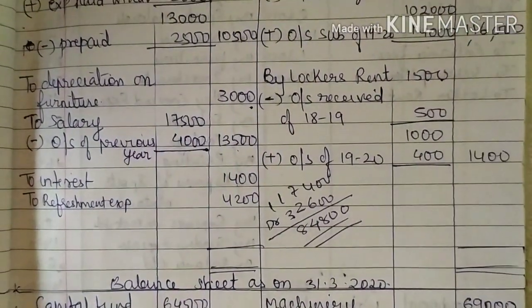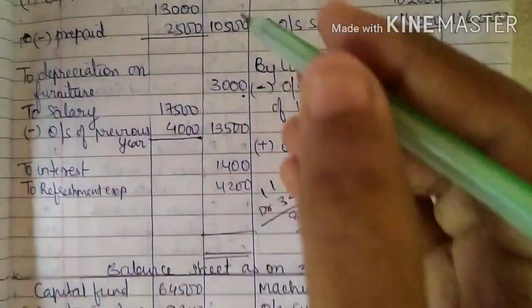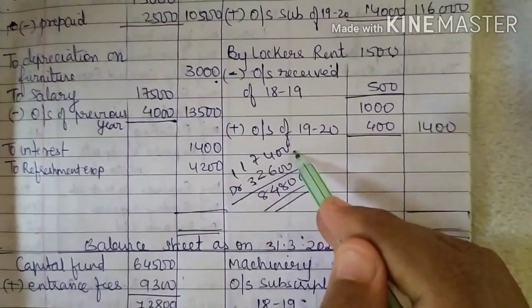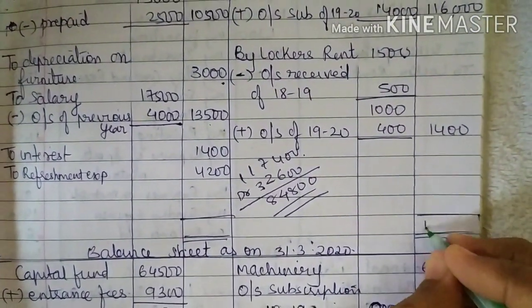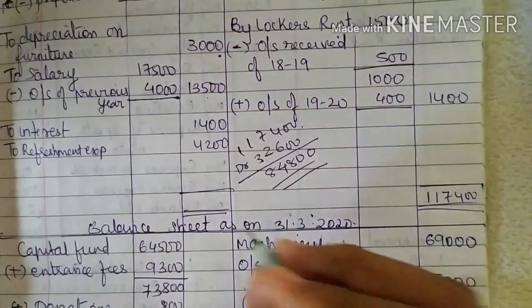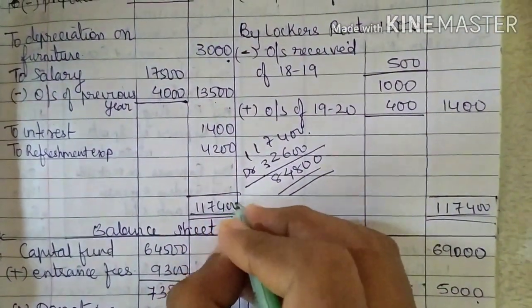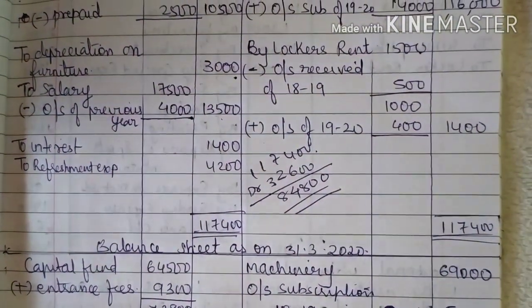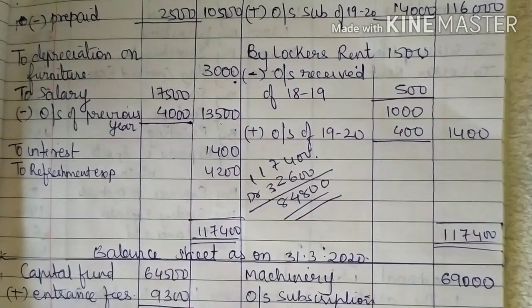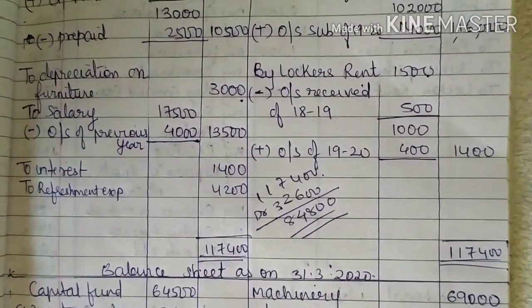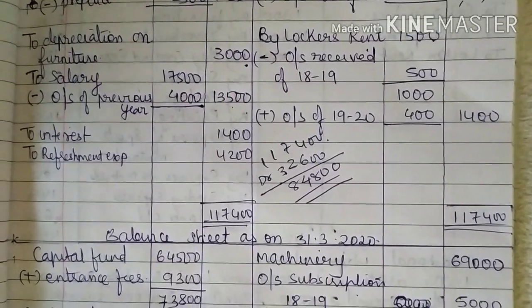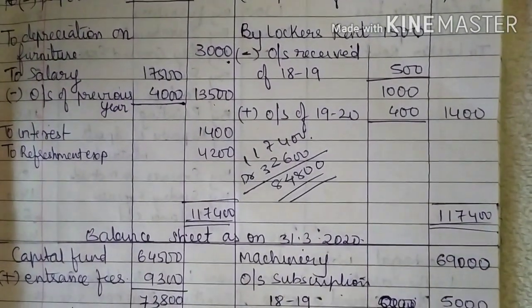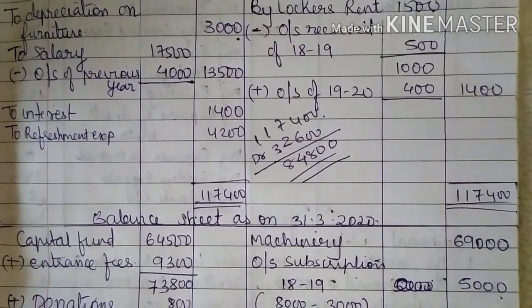So on the debit side total comes to 32,600, credit side total comes to 1,17,400. So write the amount 1,17,400 on both the sides.